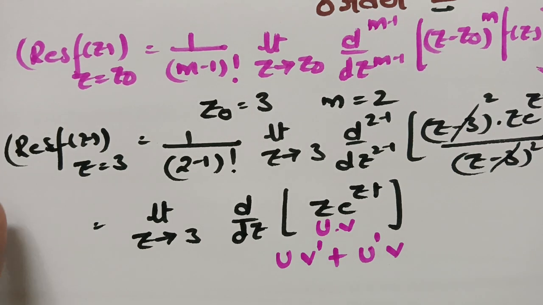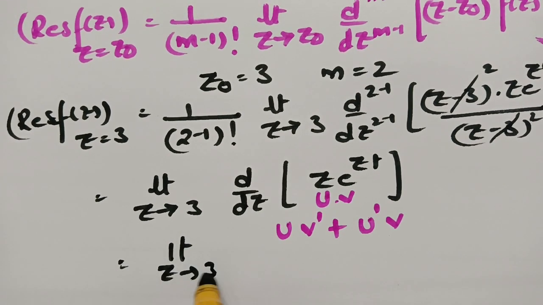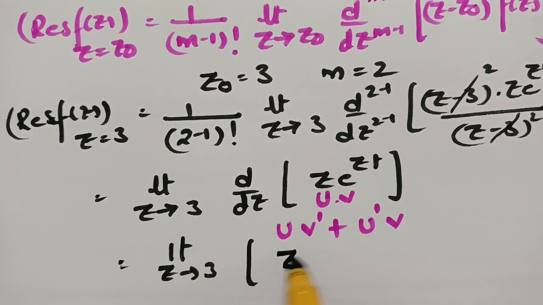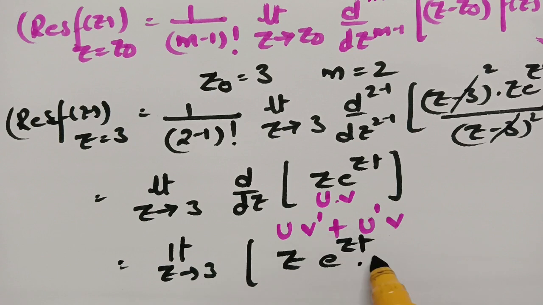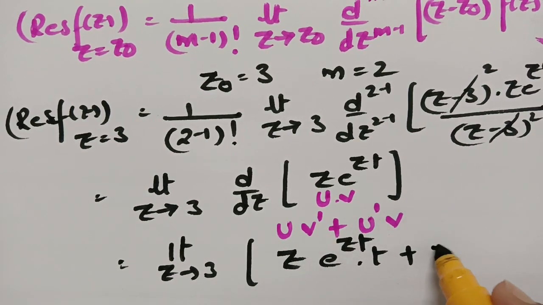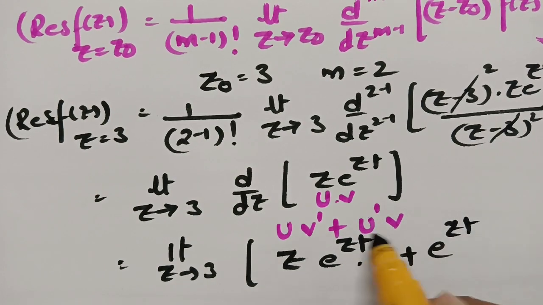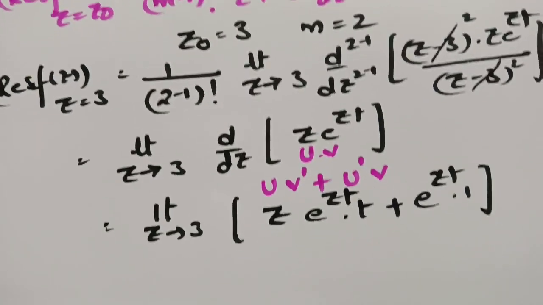Substituting in this formula, we have the limit as z tends to 3. Leaving u, the derivative of e^(zt) is again e^(zt) times t, so we get z t e^(zt). Then leaving v, which is e^(zt), we differentiate u, which gives 1. Clear?